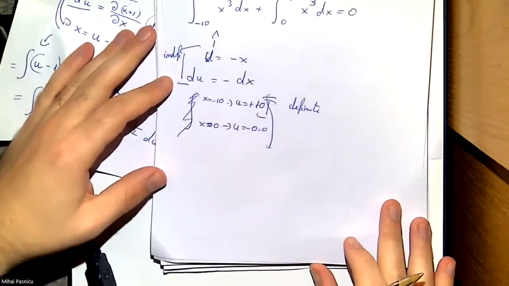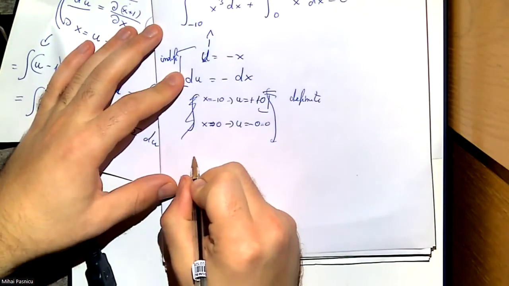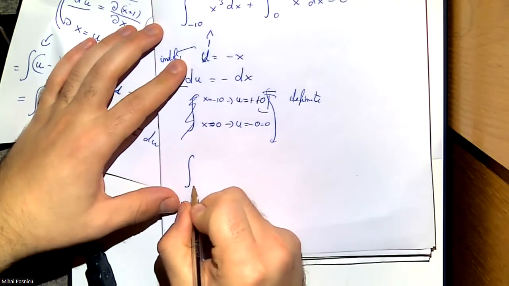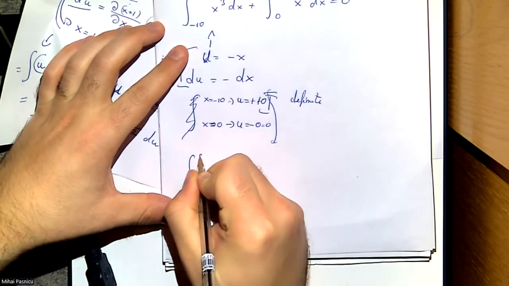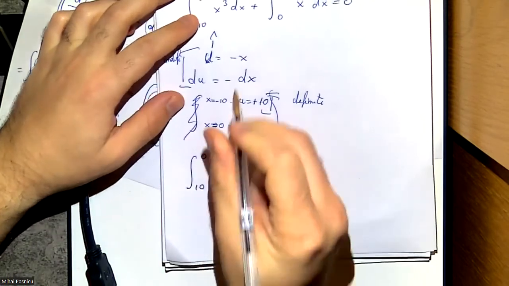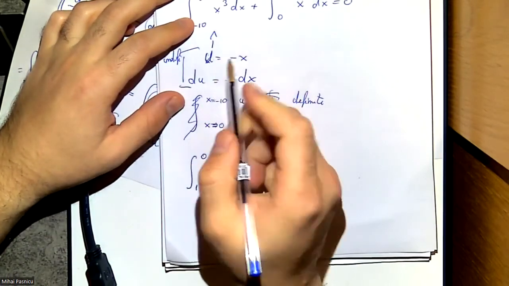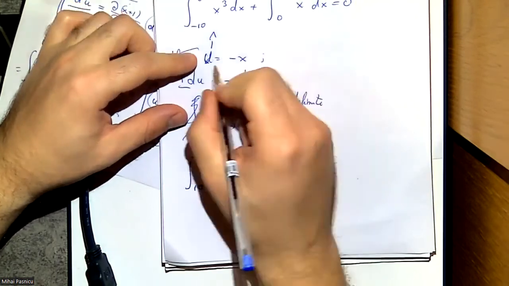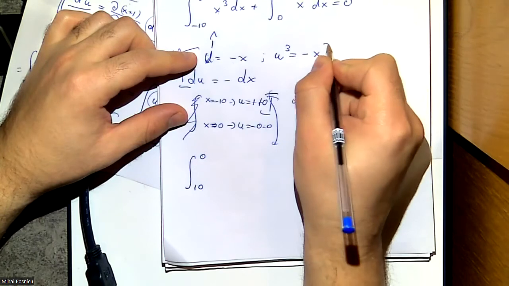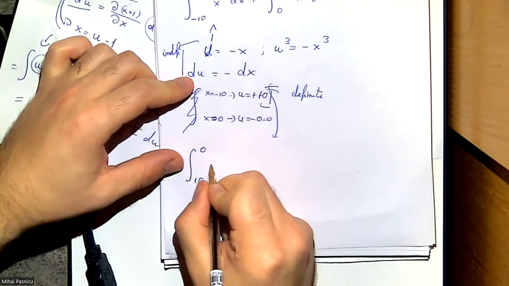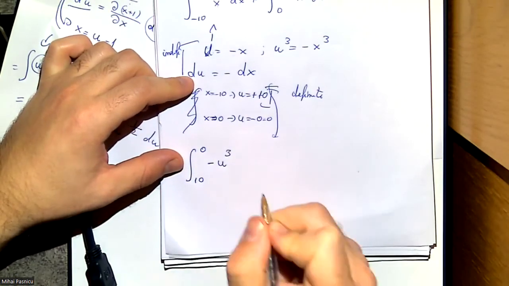So, what I get is the integral from 10 to 0 of x to the third. What is x to the third? Well, if I raise u to the power of 3, I get u to the third is equal to -x to the third. So this is just minus u to the third.